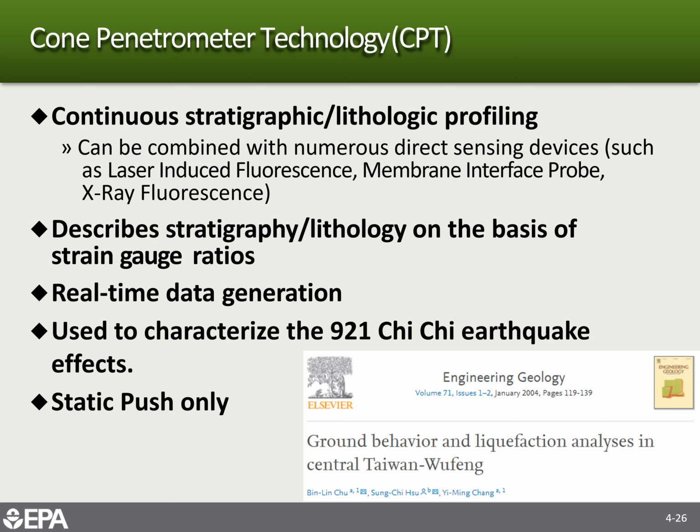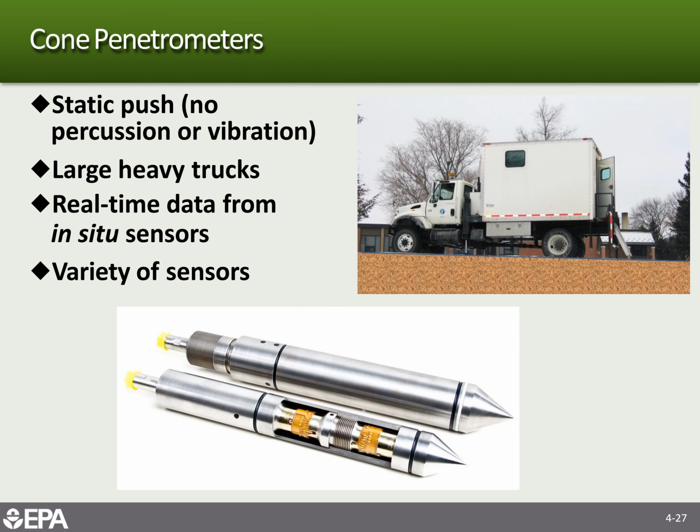So it generates data in real time. It's been used in Taiwan. Here's the paper which talks about liquefaction from an earthquake. It is a static push, but you get continuous high quality data.